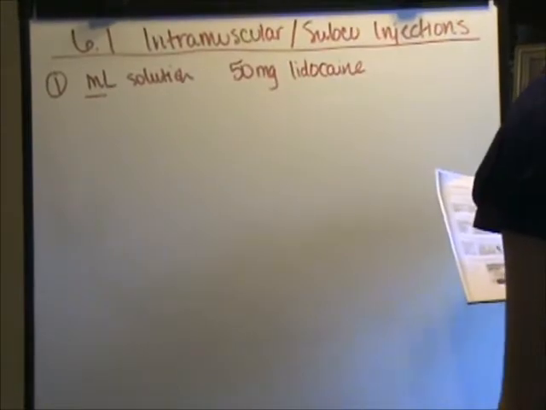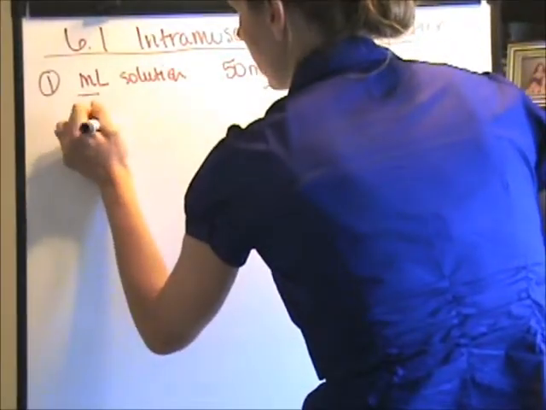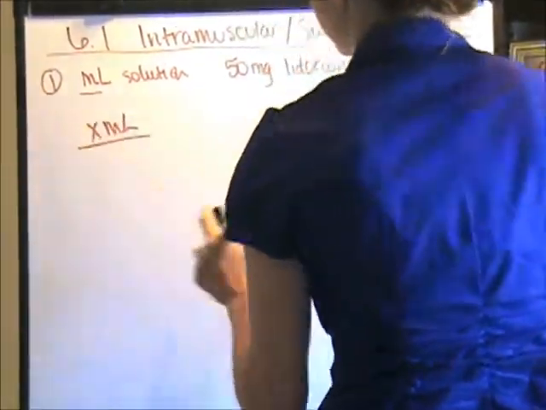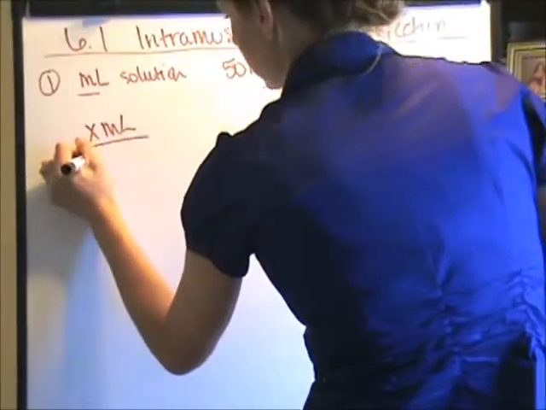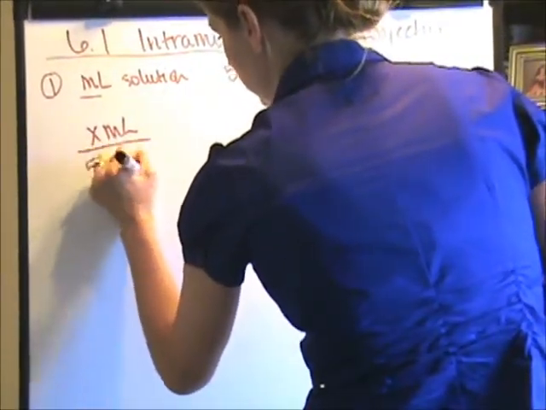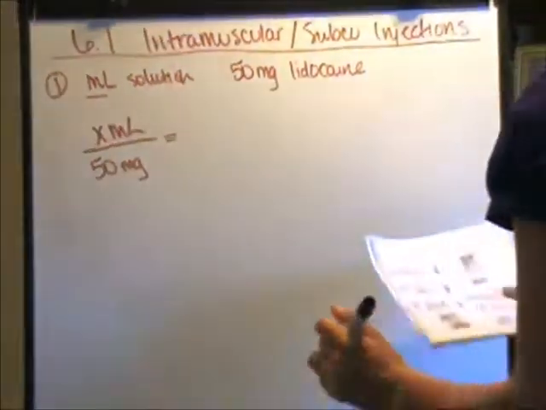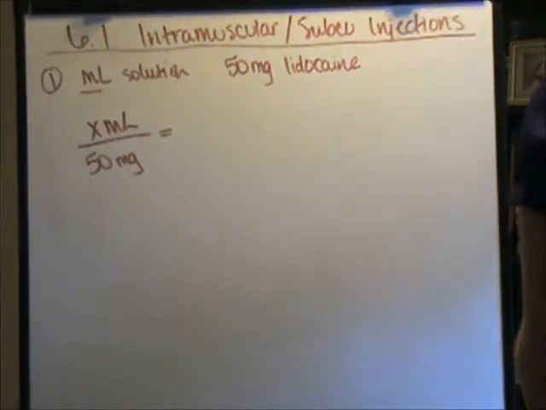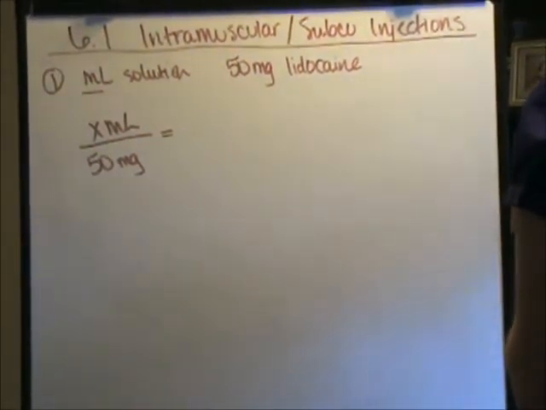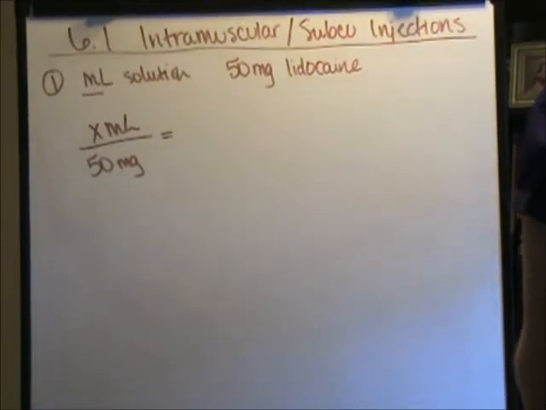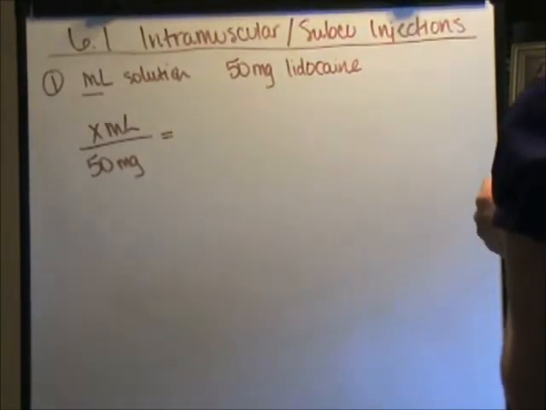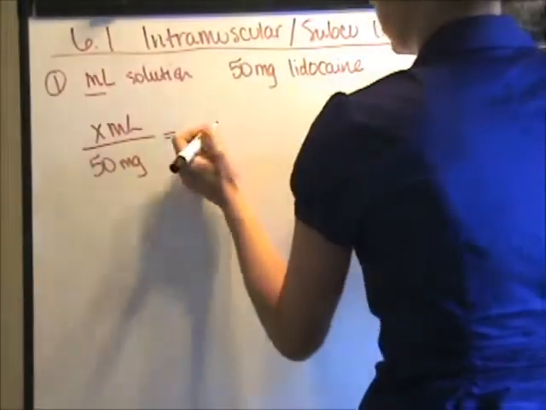We're looking for milliliters, so we know that that's going to be X, and it's in 50 milligrams of lidocaine. That's the desired dose. So let's take a look at our prescription label, and as you can see, it reads lidocaine HCl injection USP 1%, and then we see in parentheses 10 milligrams per milliliter.